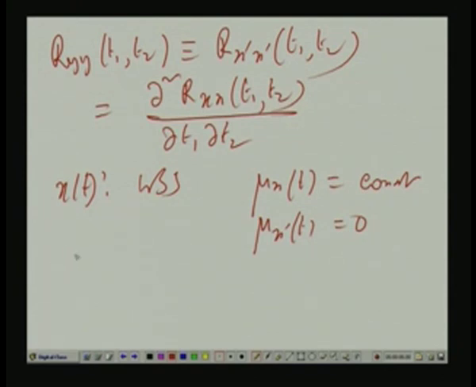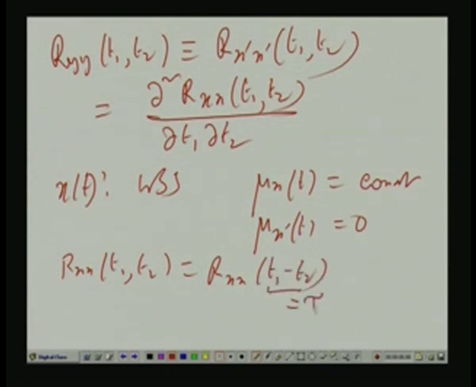Now, here R x x of t1, t2 is actually a function of R x x of t1 minus t2. Let t1 minus t2 equal tau. Okay, so it is a function of tau. Here, if you take this derivative of R x x of t1 minus t2, where t1 minus t2 is tau, you differentiate with respect to t2 first and t1 first.